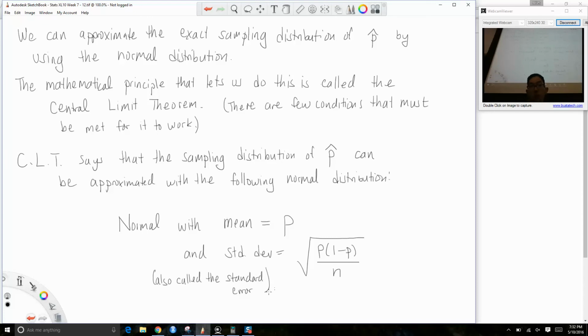But it's basically the standard deviation of the sampling distribution.